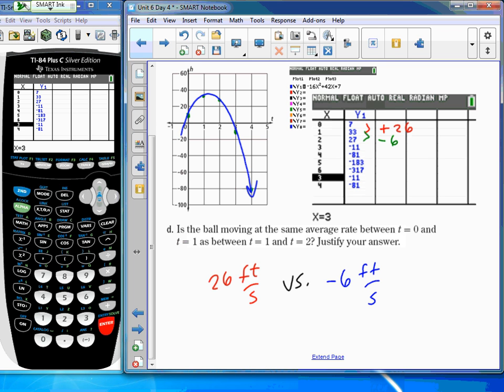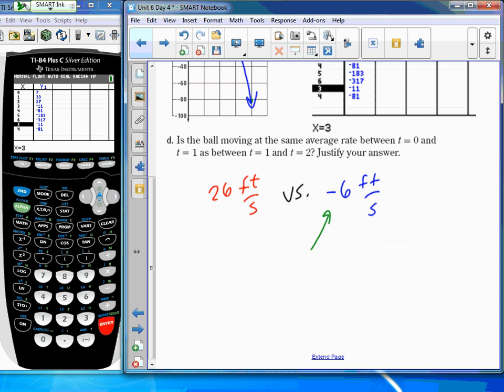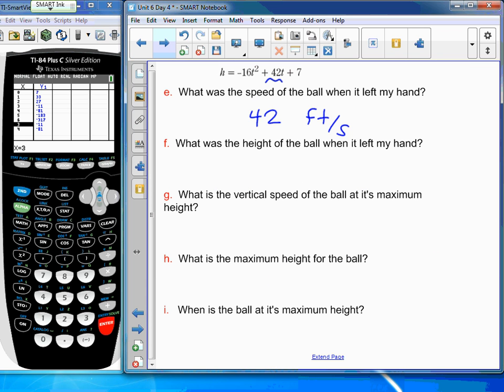And Mark said, what was happening here? The ball was falling down. That constituted the negative in my rate of change. Now I feel better.